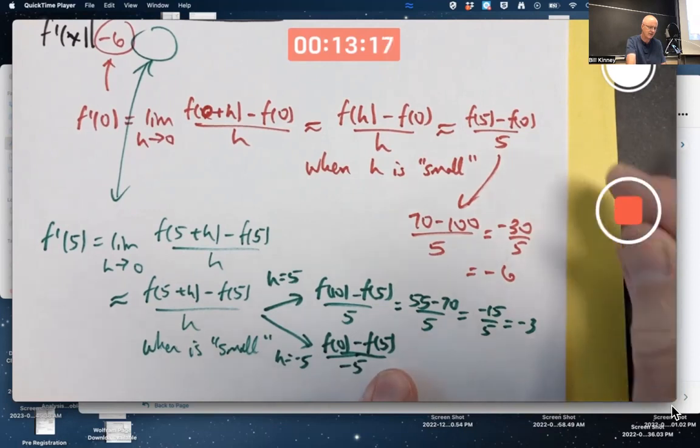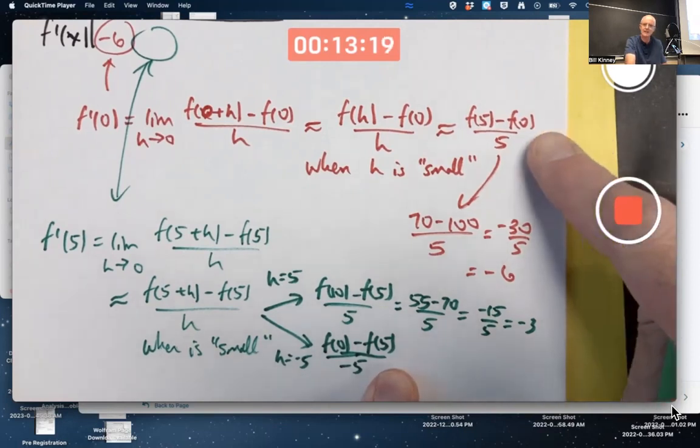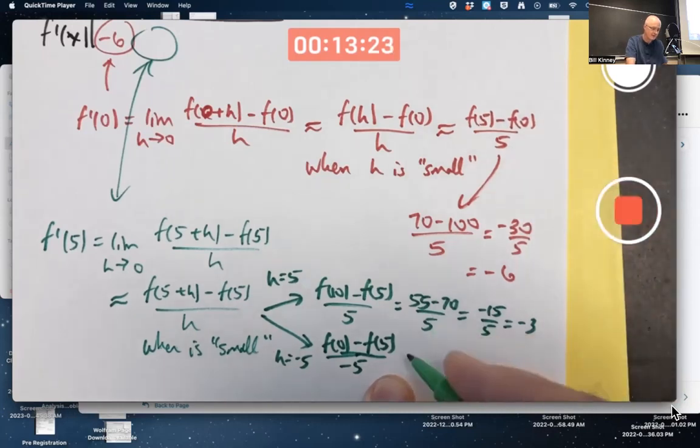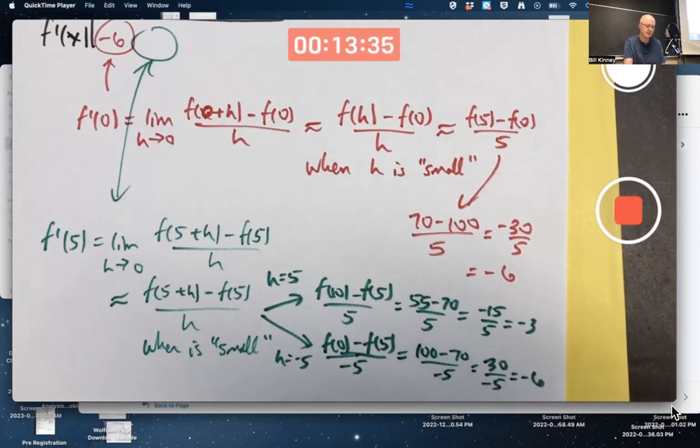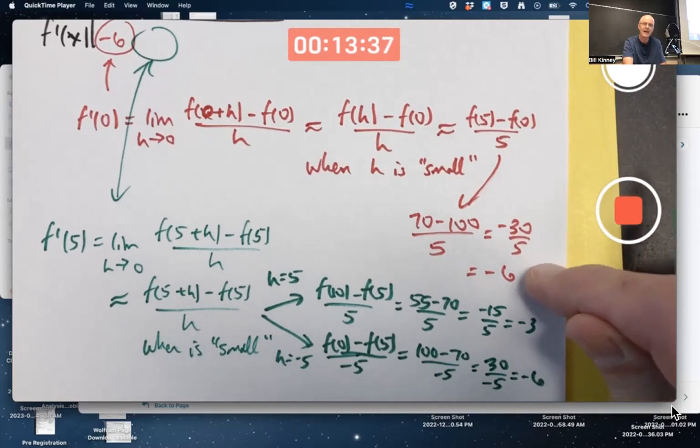And actually, if you compare it with this, the numerator and the denominator are the opposite of what they were before. Instead of 70 minus 100, it's 100 minus 70. And instead of dividing by 5, we divide by -5. But we still get the same estimate for the derivative, -6, that we did at x equals 0.